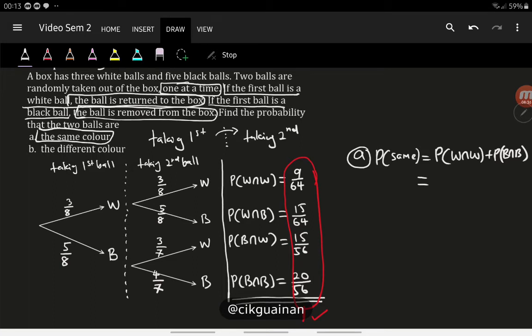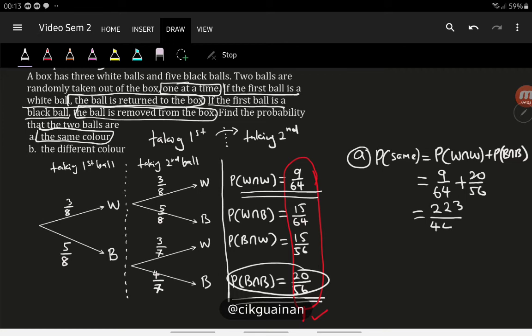White and white is 9 over 64, plus black and black, 20 over 56. So 9 over 64 plus 20 over 56 should be 223 over 448. This is the answer for the first one.